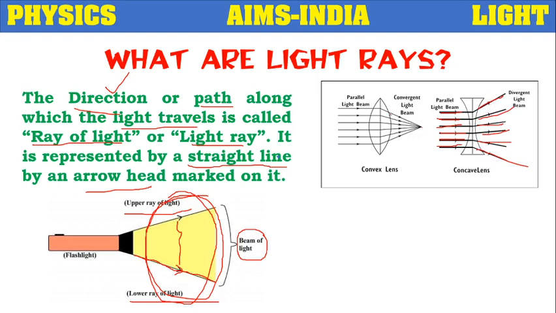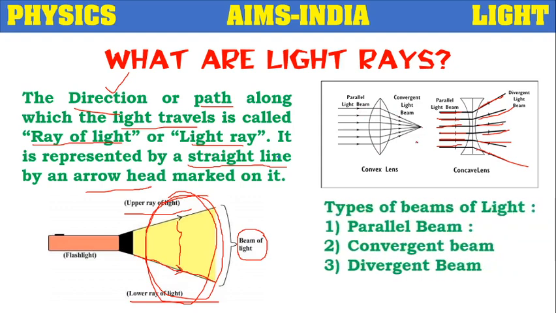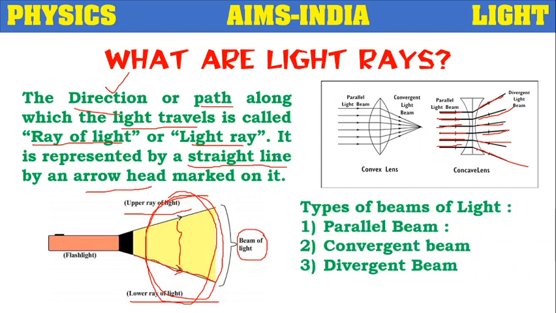Like this, light rays will travel. Based on their type of propagation, we can divide them into types. These rays are considered a parallel beam, the rays coming through the convex lens are considered a convergent beam, and the rays passing after the concave lens are considered a divergent beam.